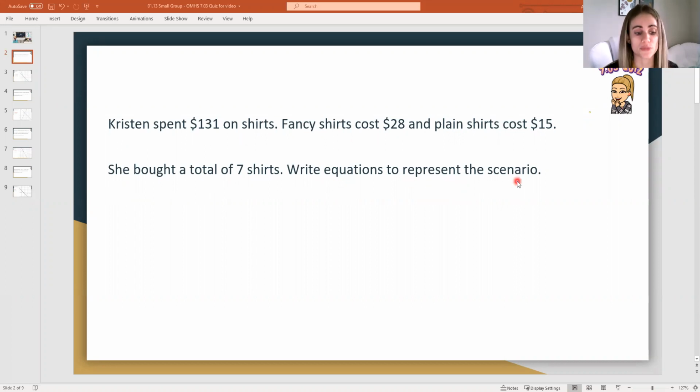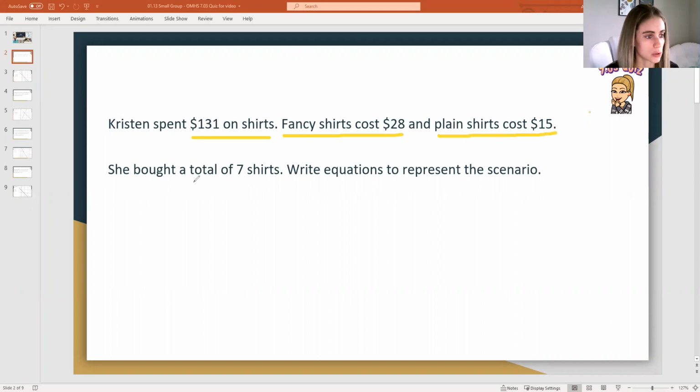When I go through and read it a second time, that is when I'm going to underline all that key information. All right, so I see that Kristen spent $131 on shirts, that the fancy shirts are $28, and then the second type, which is plain shirts, are $15.